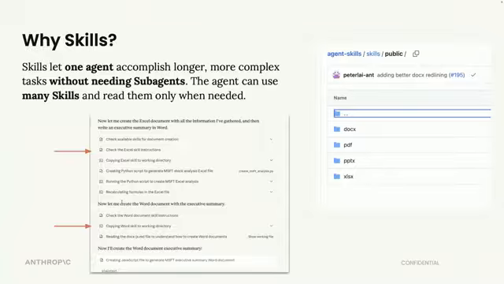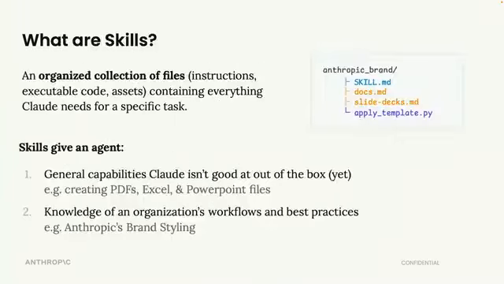Overall, skills are basically just a collection of files. They're also an example of being very file system or bash tool pilled, because they're really just folders that your agent can CD into and read, right? What we found skills are really good for is repeatable instructions that need a lot of expertise in them.